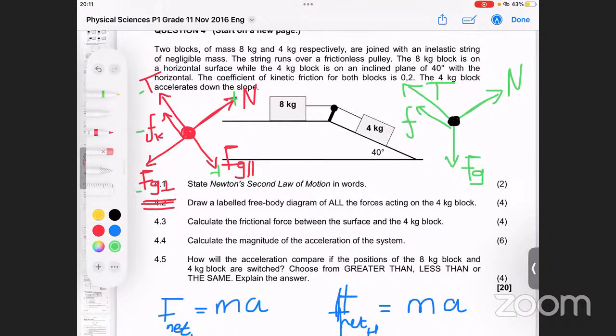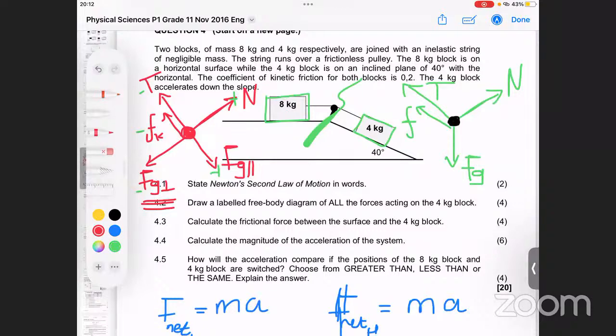So this is where you need to cut it. If you remember, we just did a labeled free body diagram for that. So now you need to do it separately for this one.